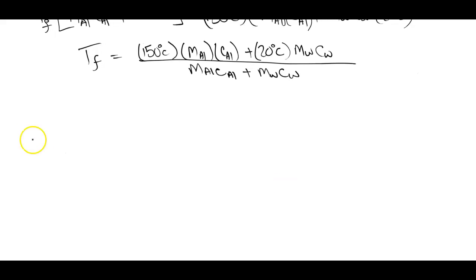Let's go ahead and plug in the values, and we get 150 degrees Celsius. Mass of aluminum is 0.5 kilograms.